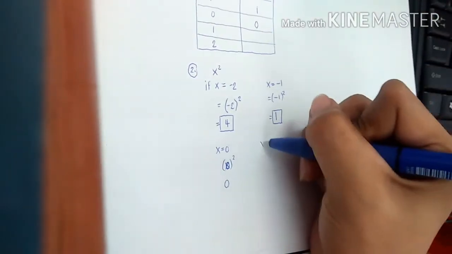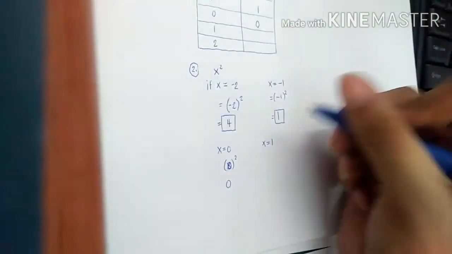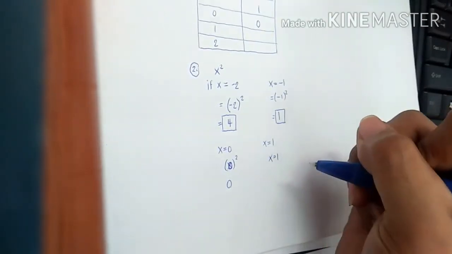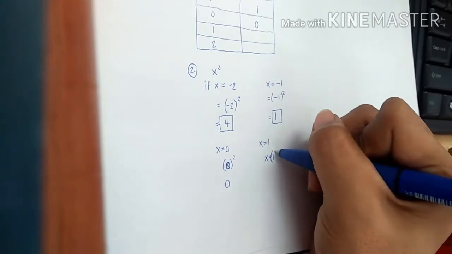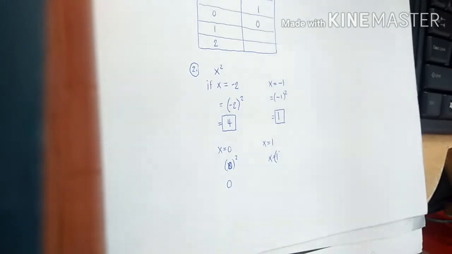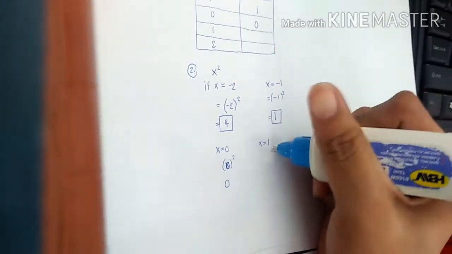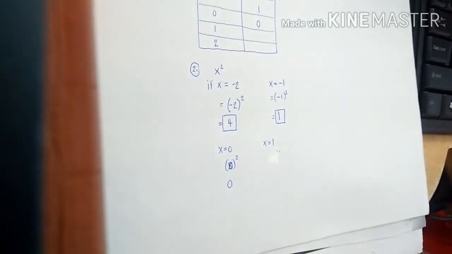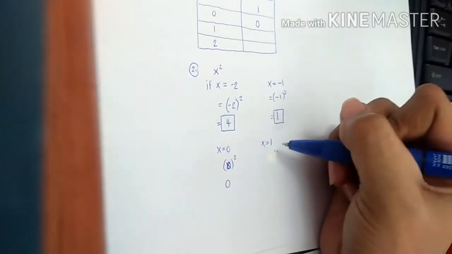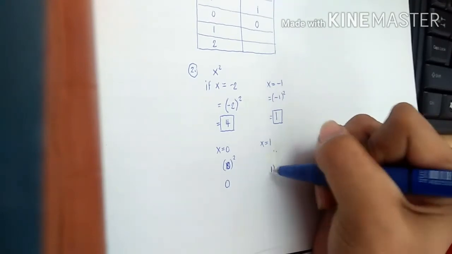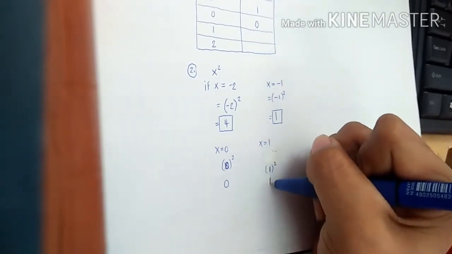Another, x is equal to 1. 1 squared is equal to 1 still.